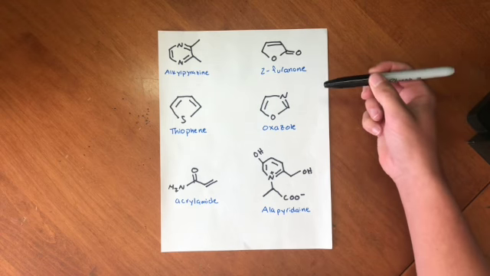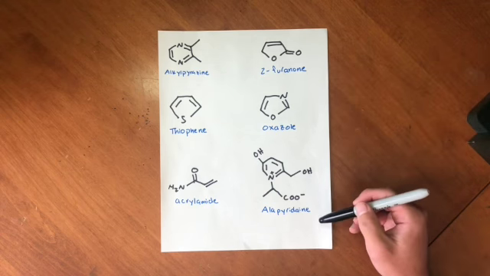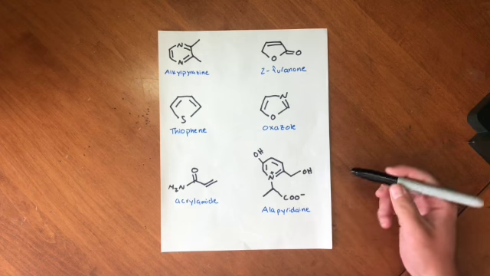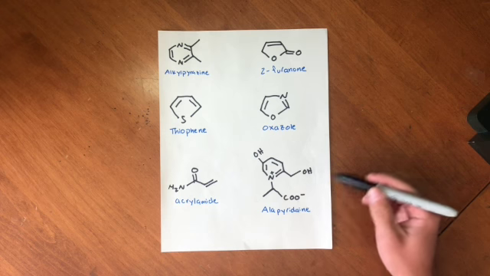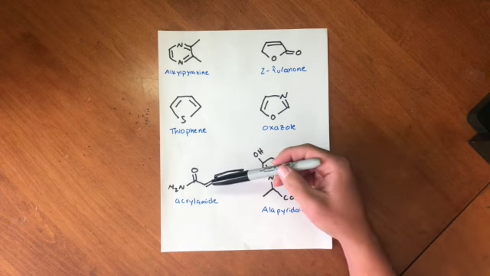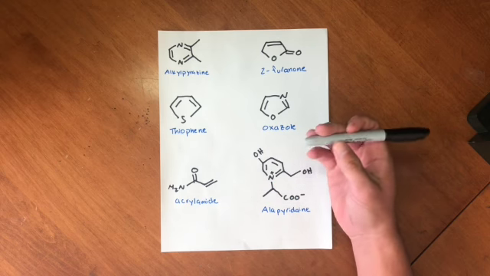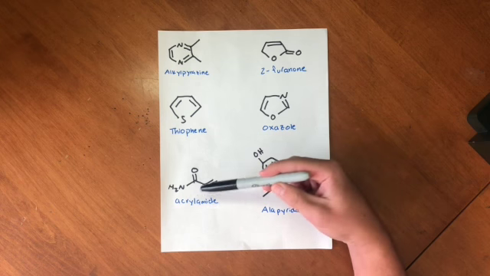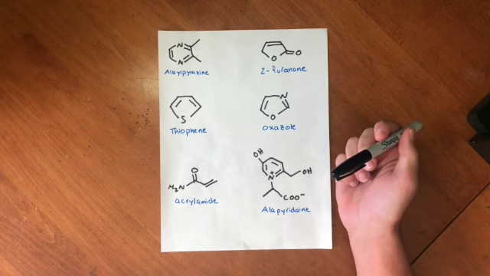And then other compounds, such as allopyridine, can just enhance flavors. So it makes anything sweet more sweet, anything salty more salty. And then acrylamides are formed when the heat is too high, and those are carcinogens, and so that can also be formed from this reaction.